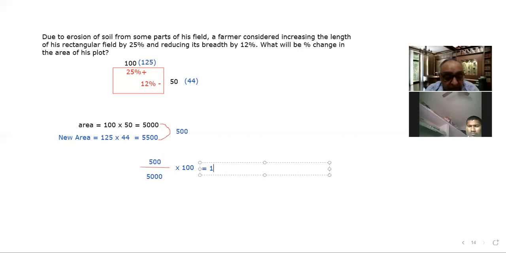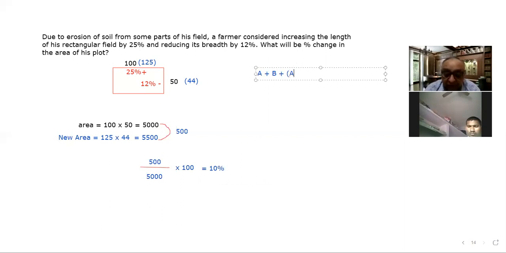So that means there is a 10% increase in the area of the field. Otherwise, you can solve it by this formula, A plus B plus AB upon 100.